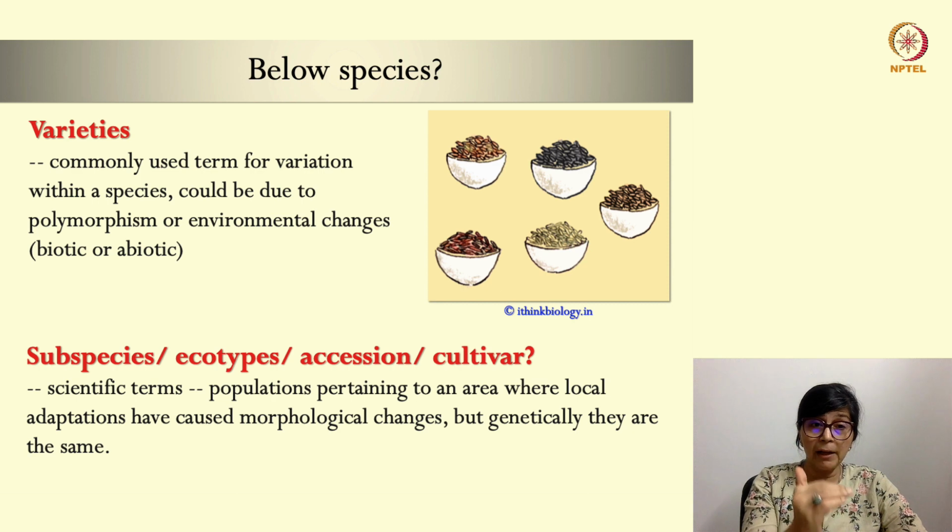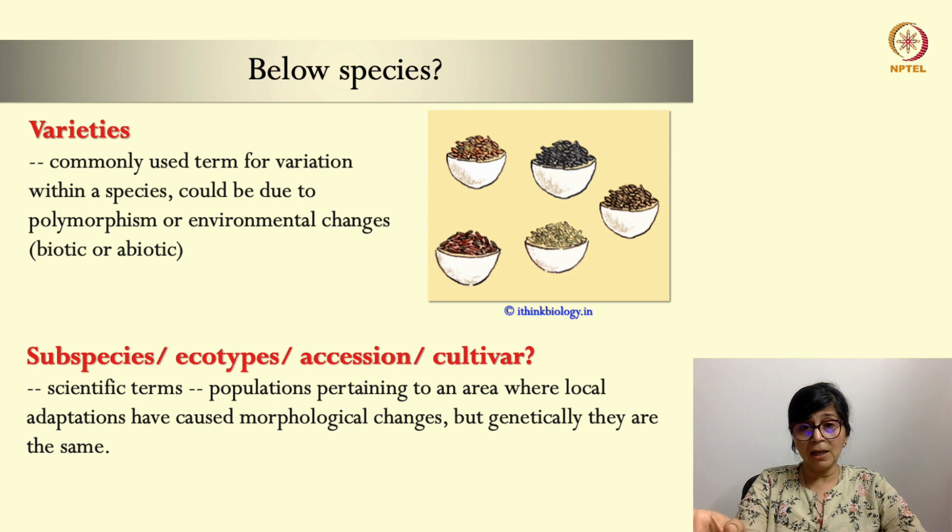Now, why I have separated variety from all the others here is because variety is more of a colloquial term. We do use it in scientific literature, but there we more often use concepts like subspecies or ecotypes.